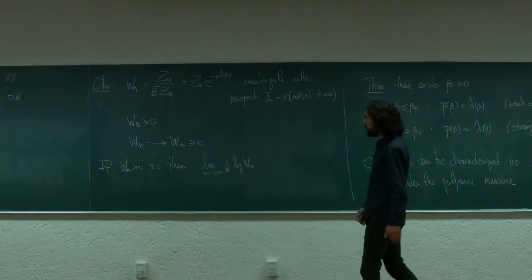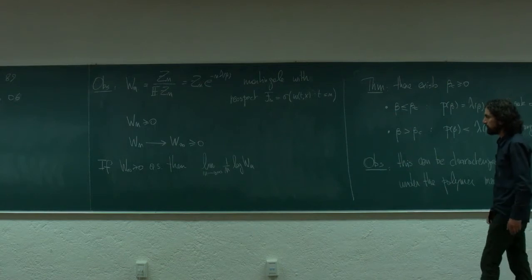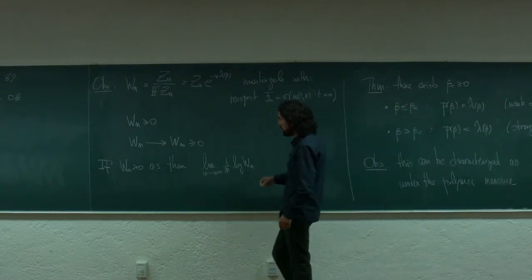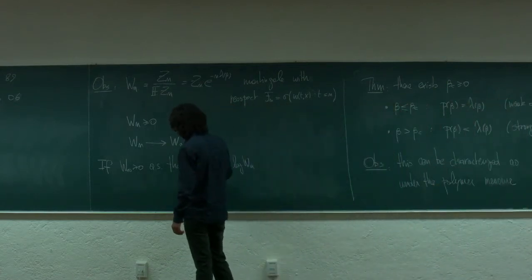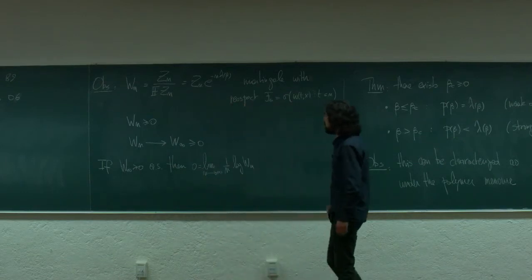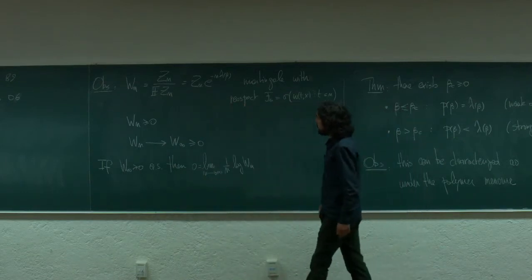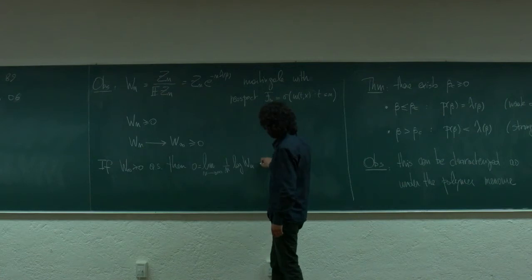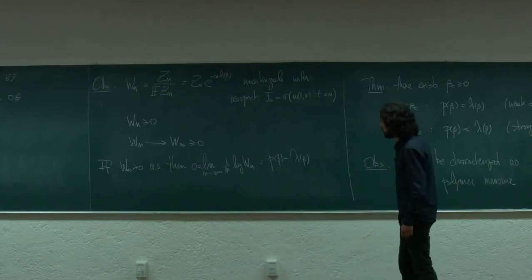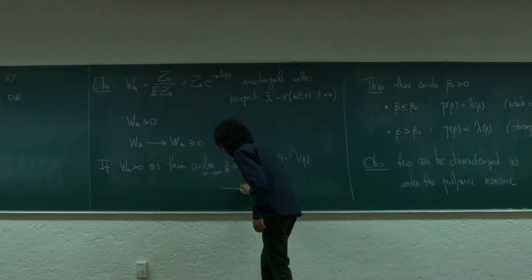So now if you know that W_n converges to something strictly positive, this is an order 1 quantity. So this limit is just 0. But on the other hand, this limit is just p of beta minus lambda of beta. So you are in the weak disorder region.